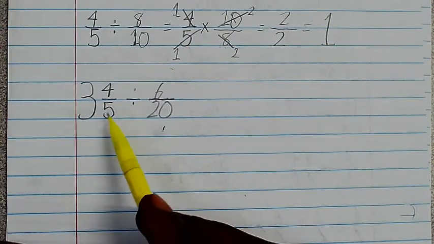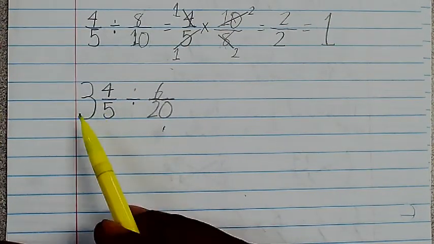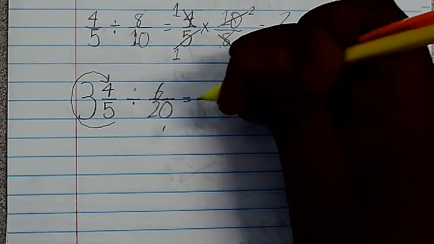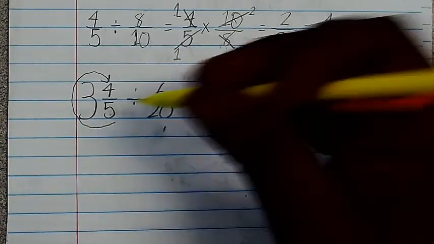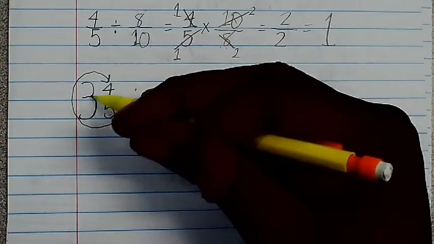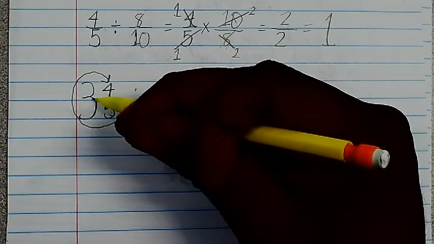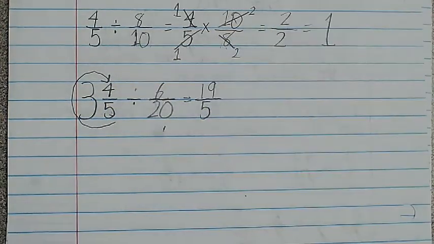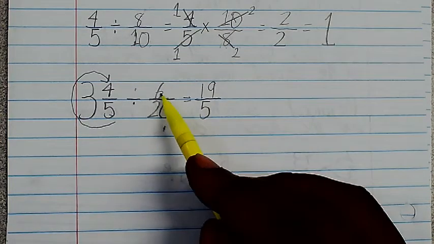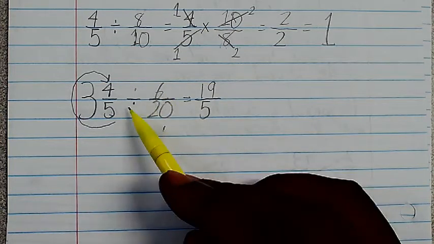Of course, this is a mixed number, so we have to change this into an improper fraction. Our denominator is going to stay the same, and then we multiply 3 times 5. 5 times 3 is 15, plus 4 is 19.